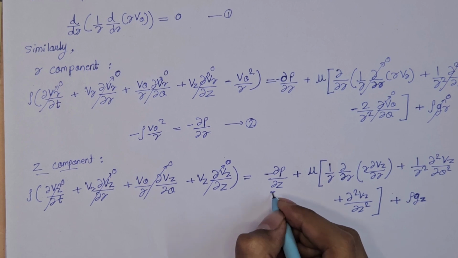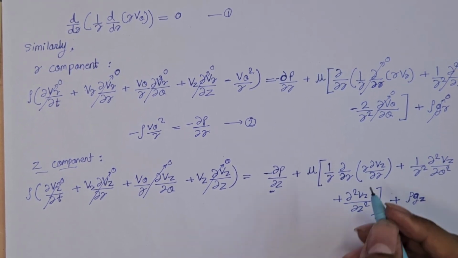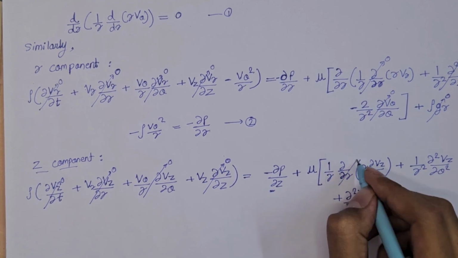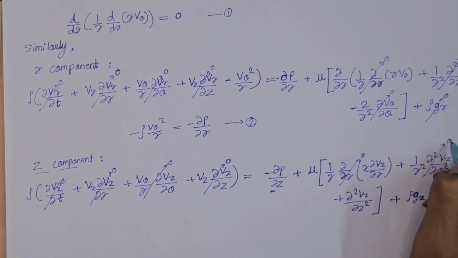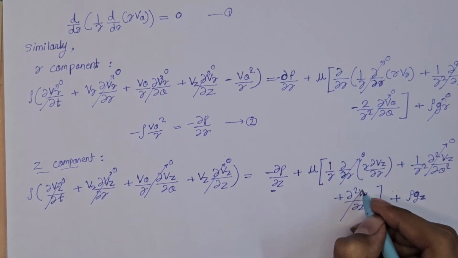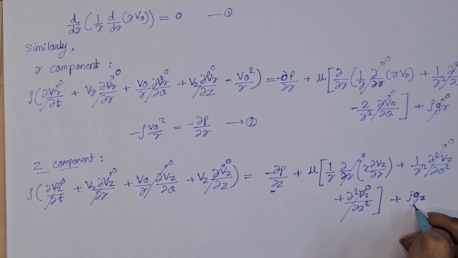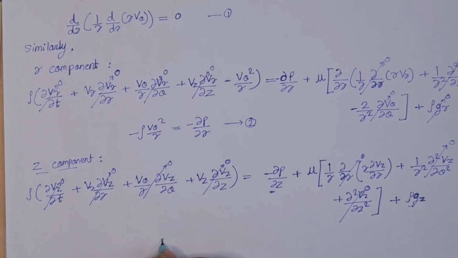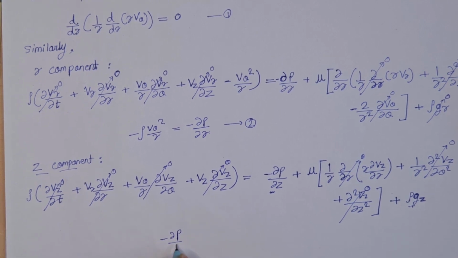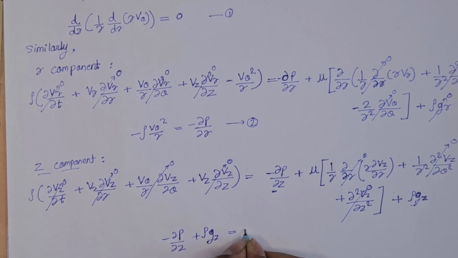This term is non-zero because pressure is changing in the z direction also, so this is a non-zero value. And again this term also becomes 0 because vz is 0. Similarly, this also becomes 0 as vz is 0. Same reason for this also, as vz is 0, and this will be a non-zero term because gravity is acting in the z direction. So writing this, we get minus del p by del z plus rho g z is equal to 0.